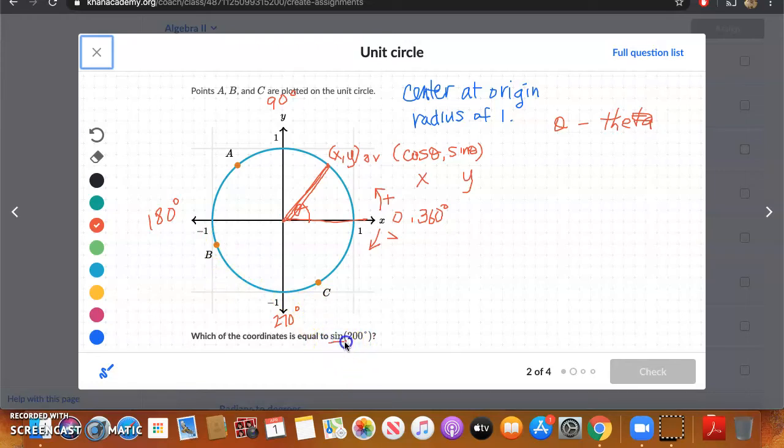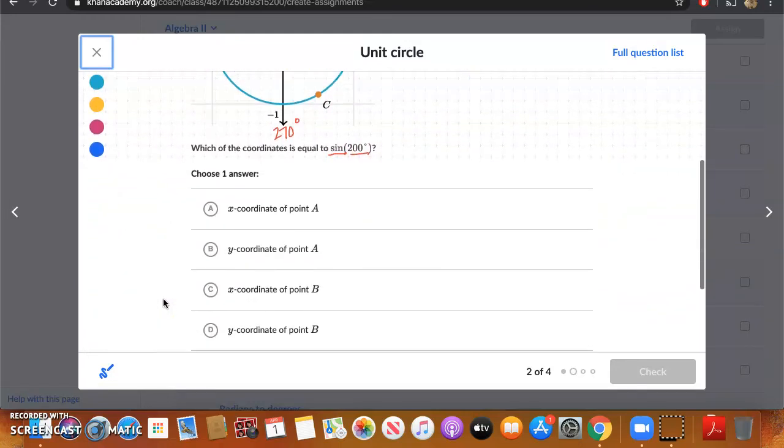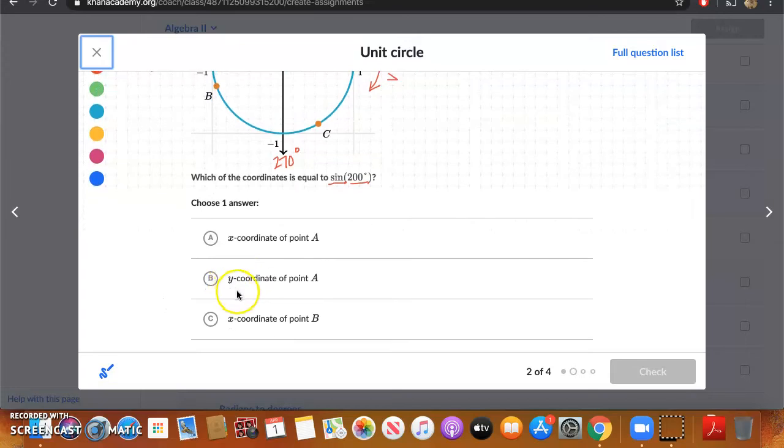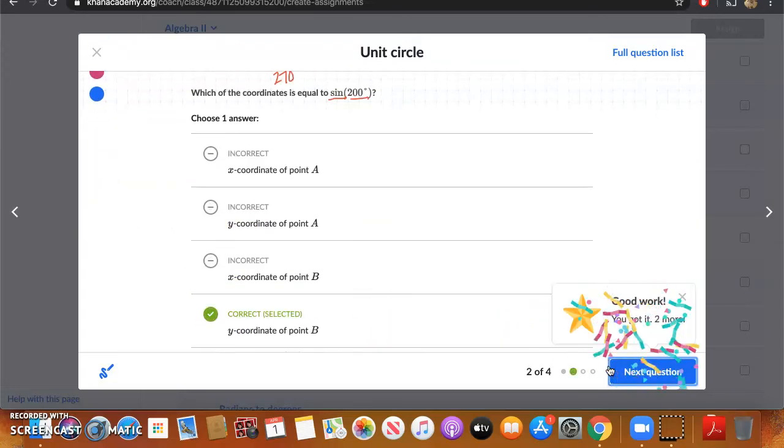Sine is the y-coordinate of the angle 200. So it can't be A, can't be C. It's got to be B. So it's the y-coordinate of B, and I think here's our choice.